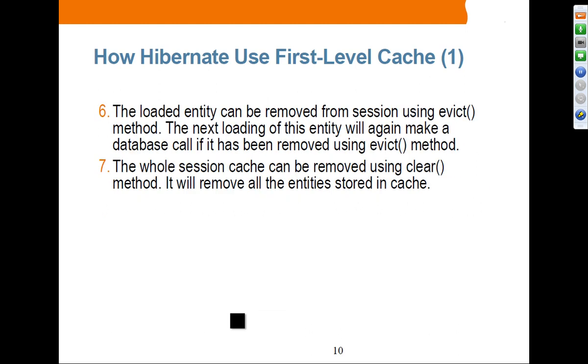And the loaded entity will be removed from the session using the evict method. The next loading of this entity will again make a database call if it has been removed using the evict method. And again, the whole session cache can be removed using the clear method, and it will remove all entities stored in the cache.